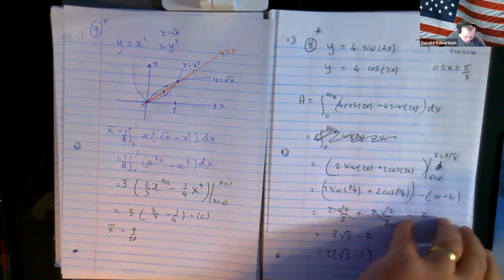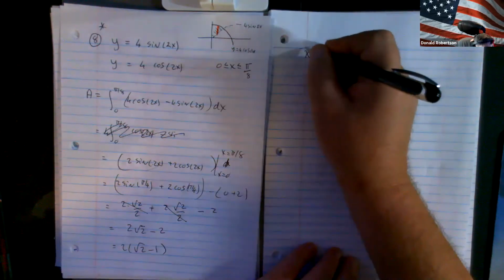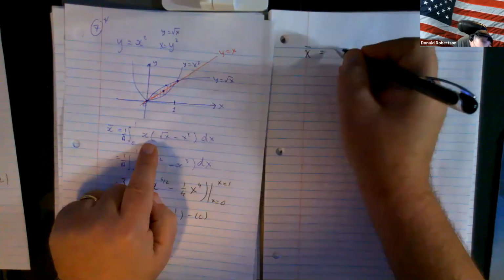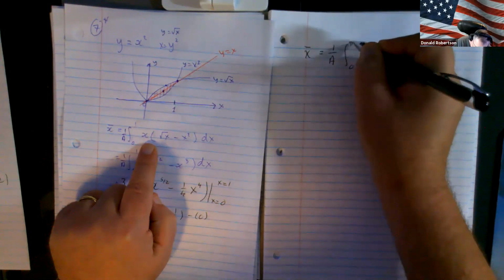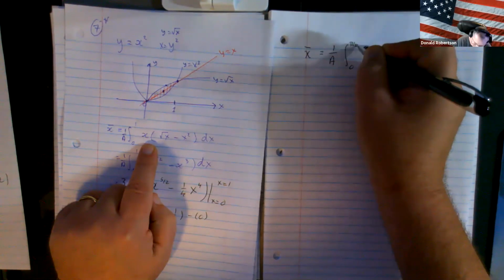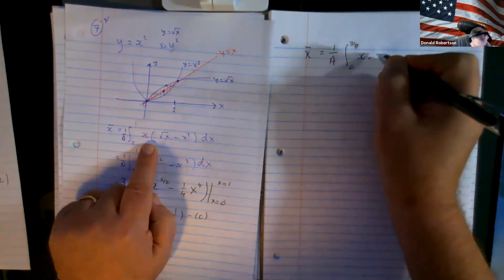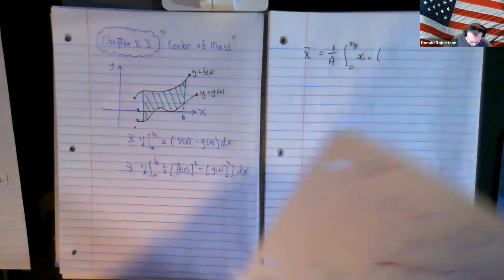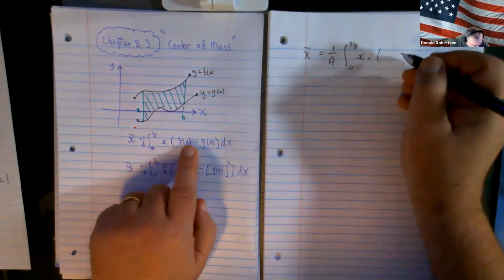So we are now going to calculate x bar. And x bar is going to be 1 over A, the integral from 0 to pi upon 8 of x times this one take away this one.